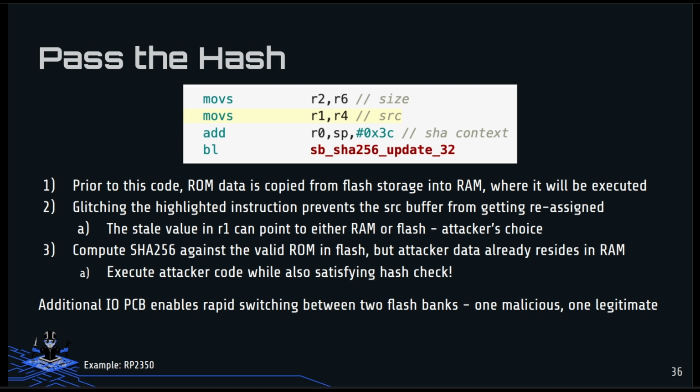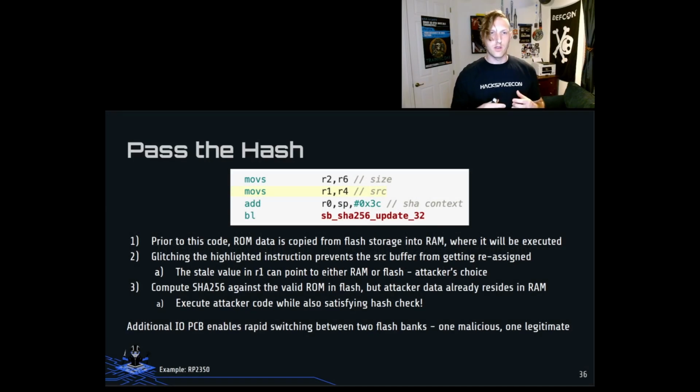So we have a legitimate piece of firmware that we're copying out of ROM into the RAM where it will actually be executed. But you'll notice that we can glitch this highlighted instruction, which prevents the source buffer from getting reassigned. This means that this move into R1 doesn't actually happen.